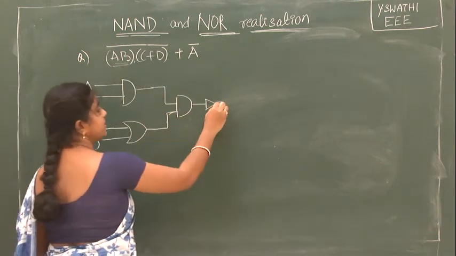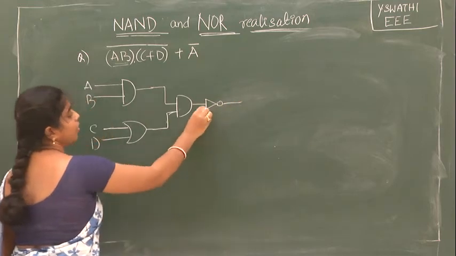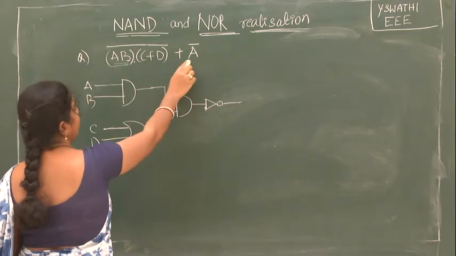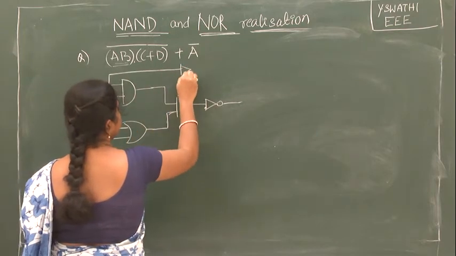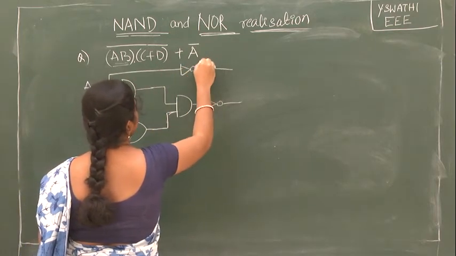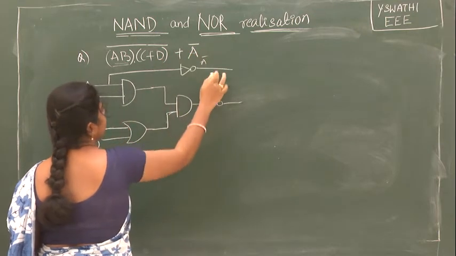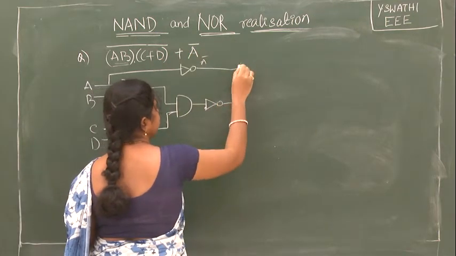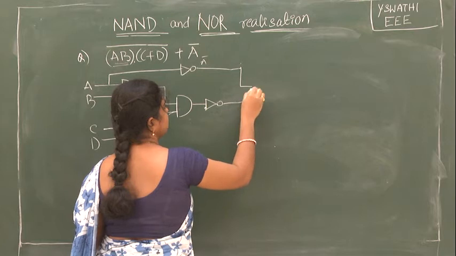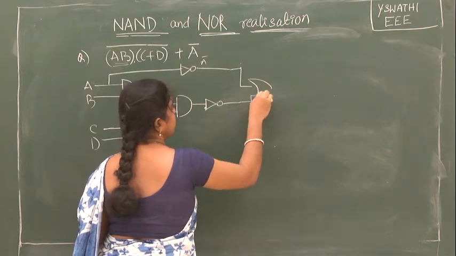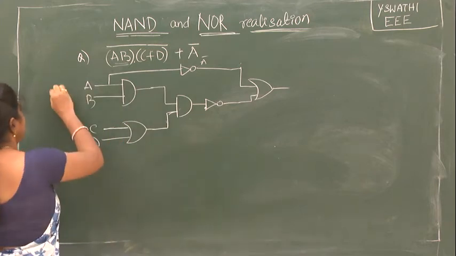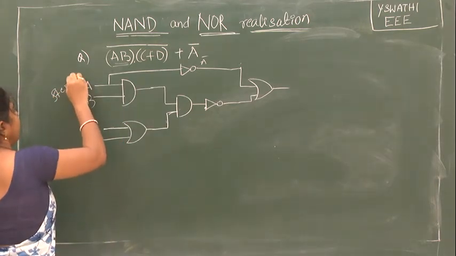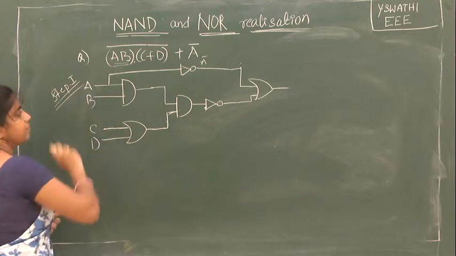So the ANDed term is inverted here with a NOT gate. And it is ORed with A bar. So A is inverted. We got A bar here. And these two are ORed. This is the step 1. That is nothing but AOI logic implementation.